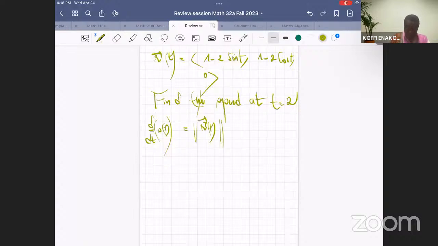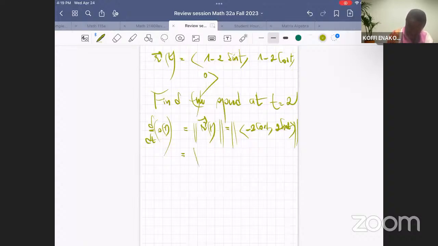So r prime of t is minus 2 cosine of t, positive 2 sine of t.